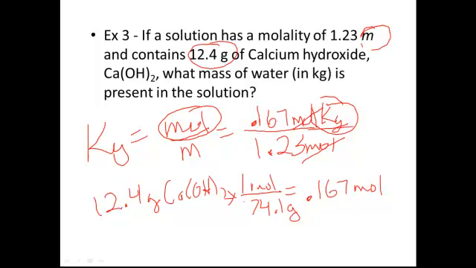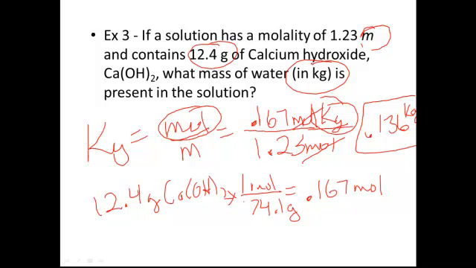So 0.167 divided by 1.23, I get an answer of 0.136 kilograms. Okay, and that's our final answer. They want the answer in kilograms, so we give them the answer in kilograms, 0.136.